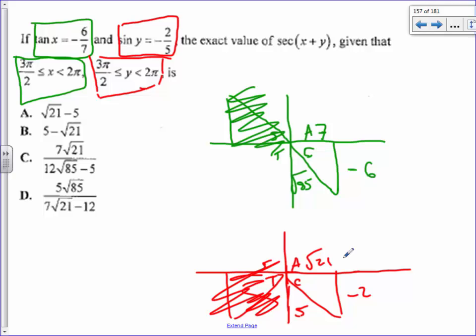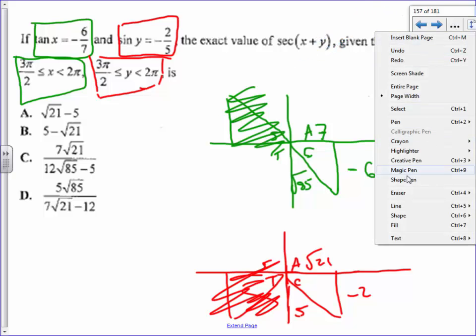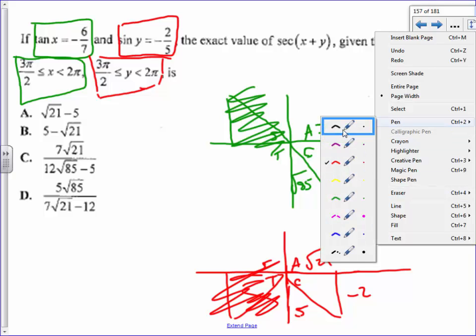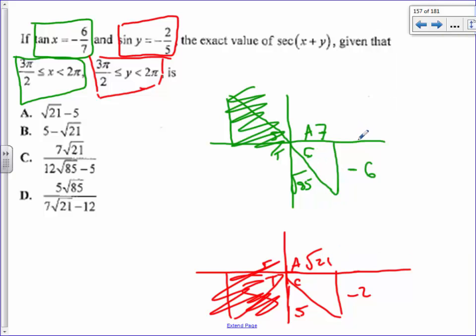Okay, I haven't even actually looked at what the question's asking me for. I've just used the information they gave me to get a start. It now wants to know the exact value of secant of x plus y. Well, we kind of did this today a little bit, only we never did it with secant. But what is secant related to? So the same rule applies then.